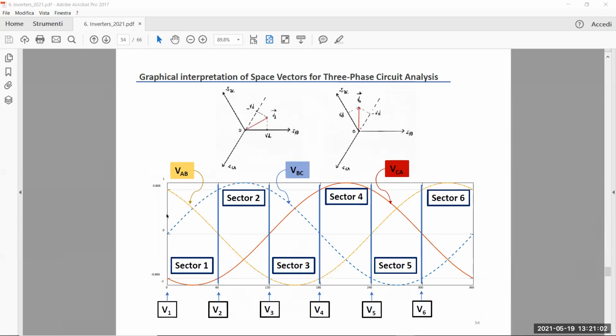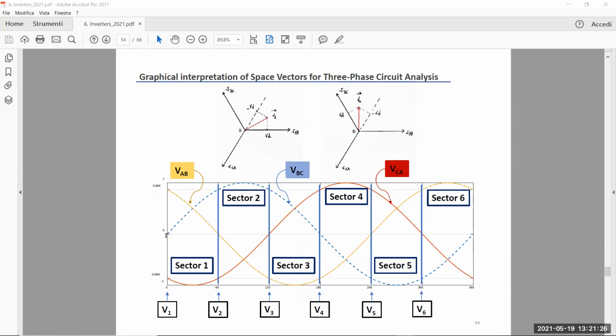So I just drew the V1 and V2 points, then V3, V4, V5, V6, etc. As you can see, the vectors in these discrete 6 different angles, starting from 0, 60, 120, etc., track the evolution of a 3-phase voltage system.